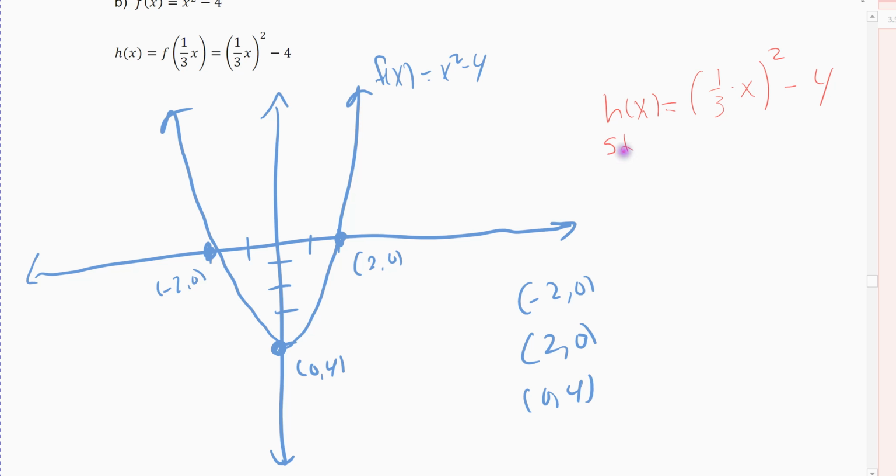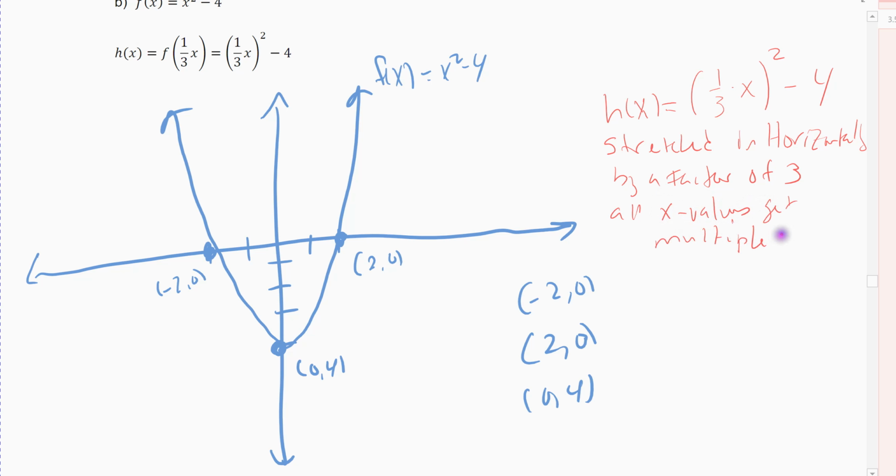And so it got stretched in the horizontal direction by a factor of 3. All of the x values get multiplied by 3, or divided by a third, but multiplying by 3 I think is the easier way to go.